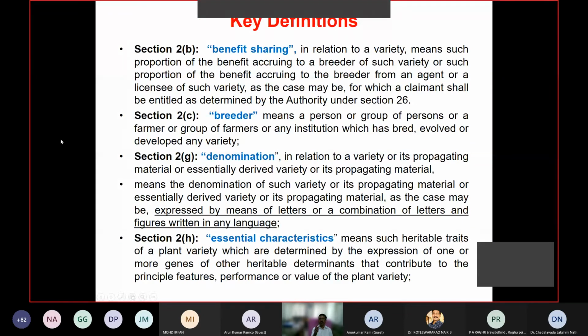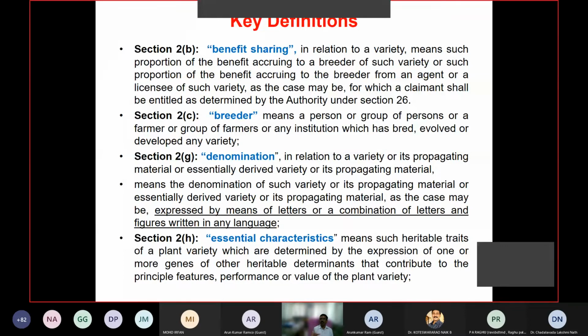So the concept of benefit sharing has been introduced. It means that the breeder of a new variety can license it and claim the license fee, and he can share it with the agent or a licensee.